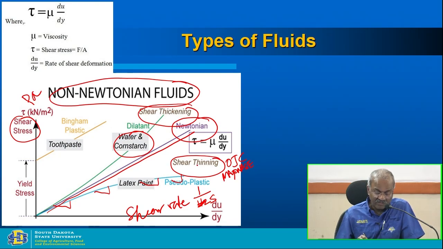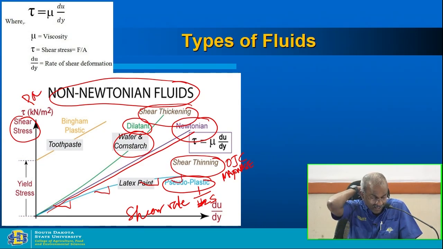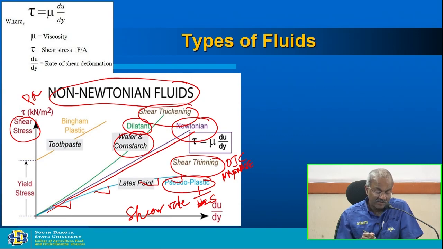Sometimes the shear thinning fluid is also called pseudoplastic, and shear thickening is also called dilatant. Those are all different terminologies. So do not worry too much about it, just a different way of describing things.